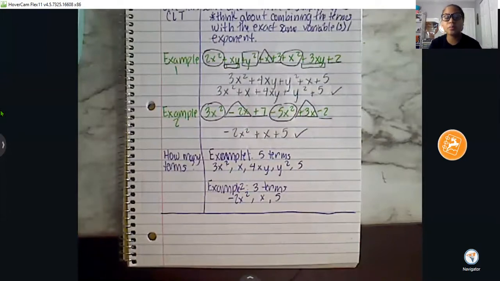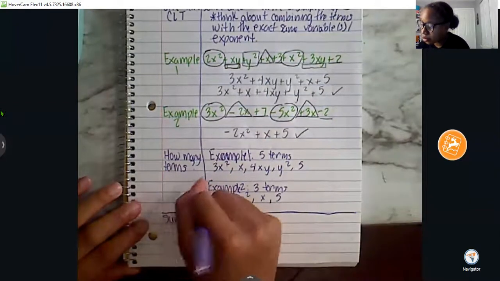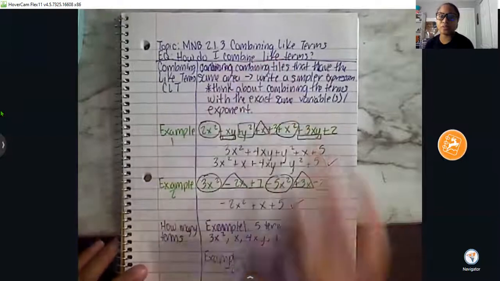So to summarize everything that we just learned, or to answer our essential questions, what we typically do in our summary, we need to think about, how do I combine like terms?